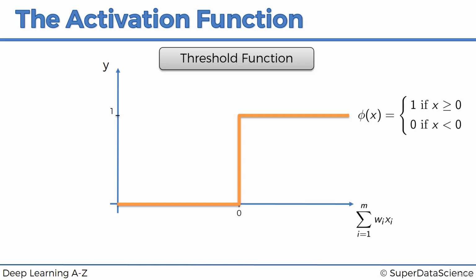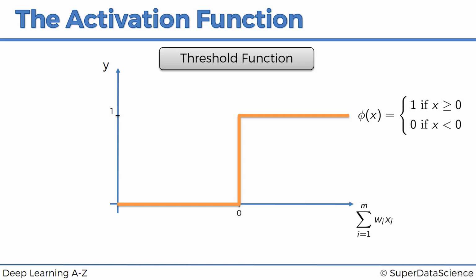If the value is more than or equal to 0, then the threshold function passes on a 1. So it's basically a yes-no type of function, very straightforward, very rigid, either yes or no, no other options. So there you go, that's how it works, very simple function.